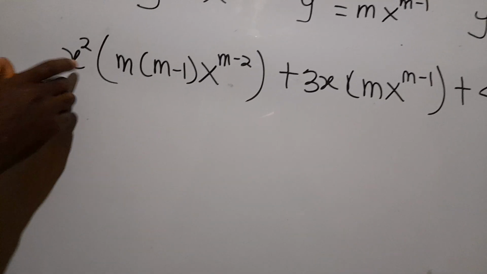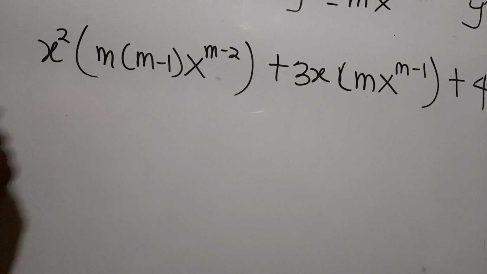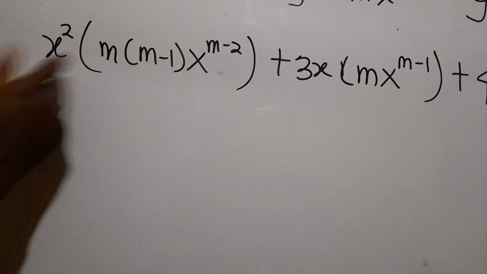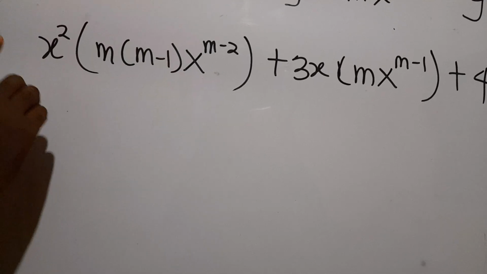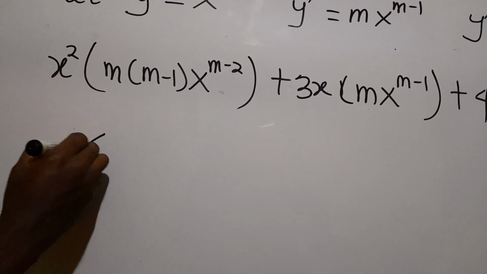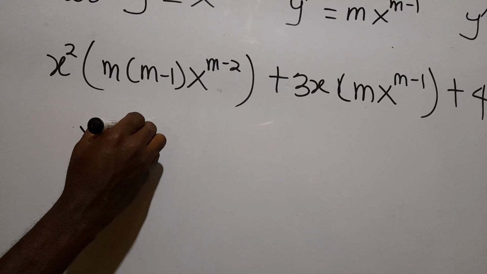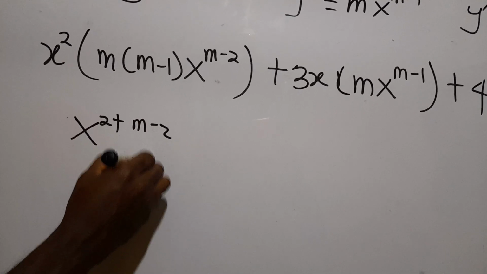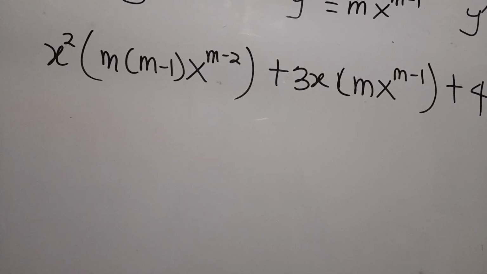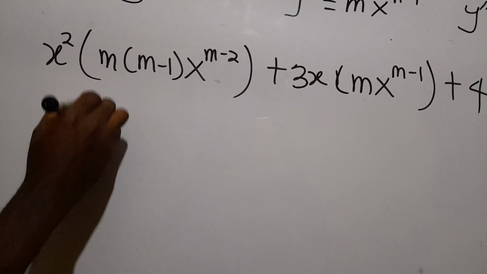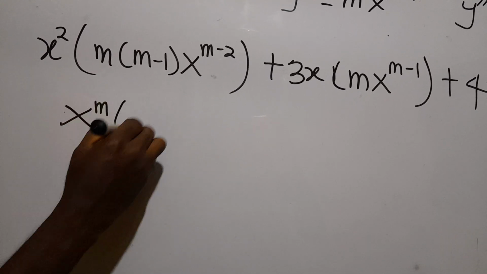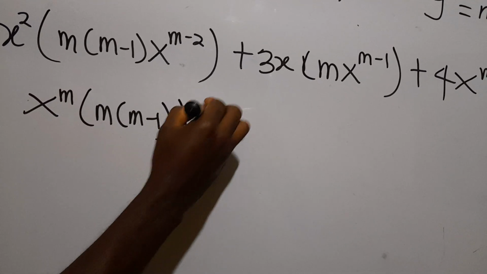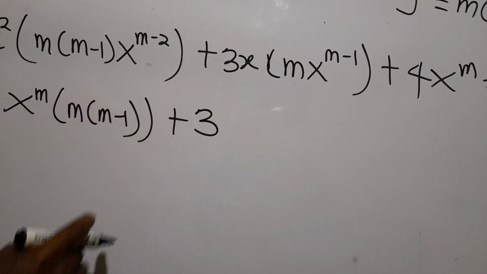So now we multiply x squared by x exponent m minus 2, and that's indices. Indices says when the bases are the same and they are multiplying, we add the exponents. So we have x exponent 2 plus m minus 2. 2 minus 2 is 0, so we just have x exponent m there. So this times that gives us x exponent m, then times m minus 1, then plus 3.